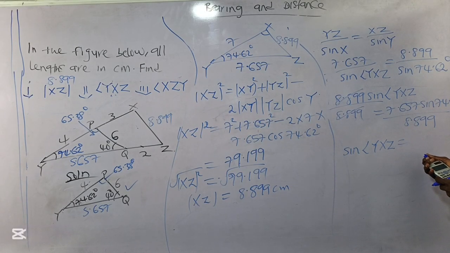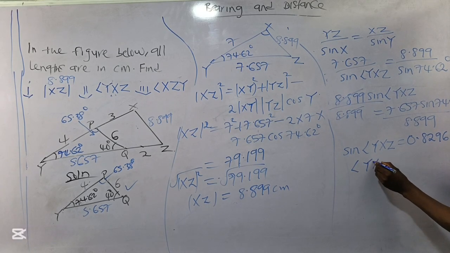7.657 sine 74.62, divided by 8.899. I will have 0.8296.